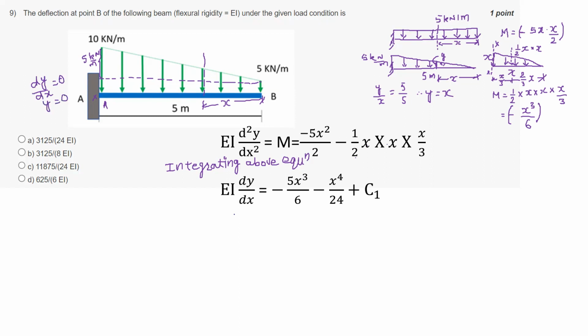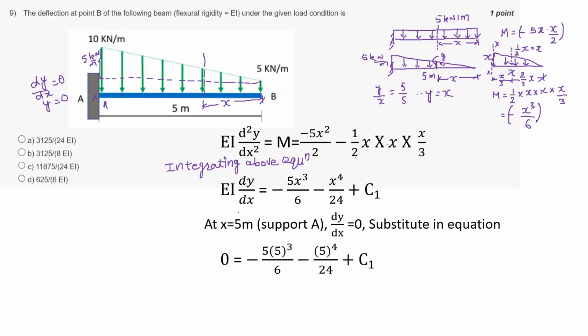So at the support, x equal to 5 meter, dy by dx equal to 0. Substituting, we get 0 equals minus 5 cube by 6 minus 5 to the power 4 upon 24 plus C1, and we get the value of C1 as 3125 upon 24.